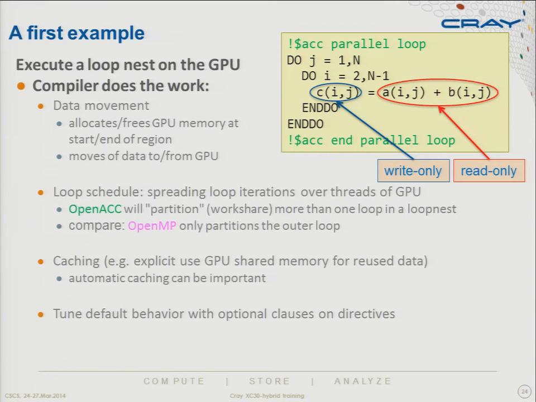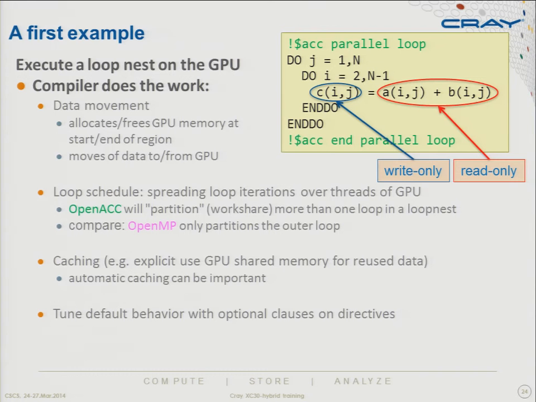It will also look at these loop elements, and it will divide these up into the threads that are going to execute on the GPU, and it will divide these into thread blocks in some appropriate manner to execute on the GPU. So it's doing all of that work of choosing a default number of threads per block. It's all done for you. OpenMP does a similar sort of thing. You know, you split up a loop nest with an OpenMP parallel directive.